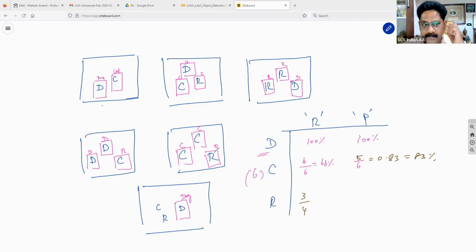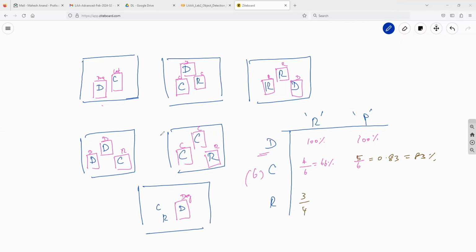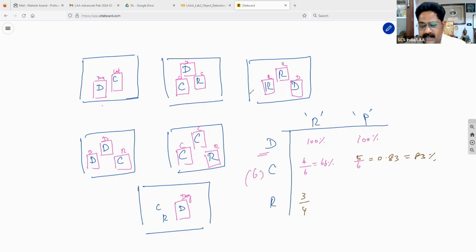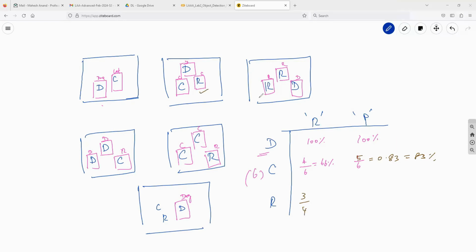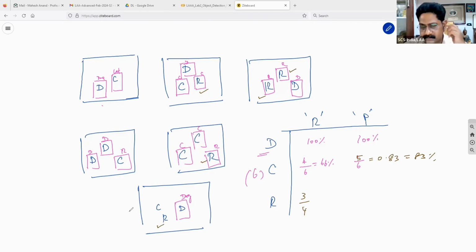Okay, meanwhile, let me cross check the recall score for the rabbit. First, let me cross check the denominator. How many rabbits are there? 1, 2, 3, 4, 5, right? So my denominator should be 5, right?